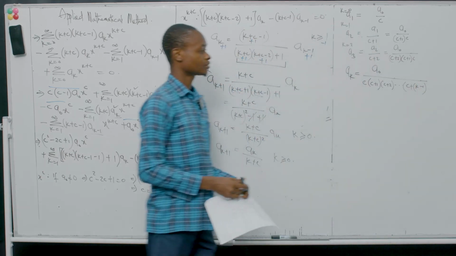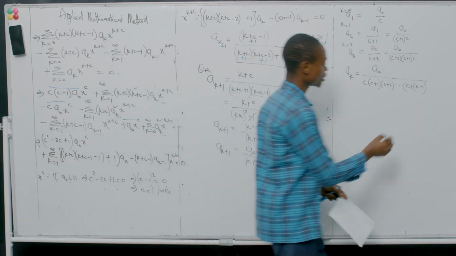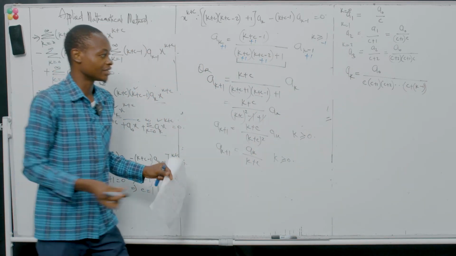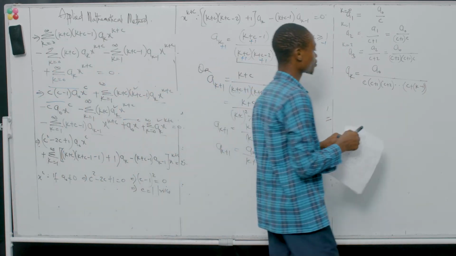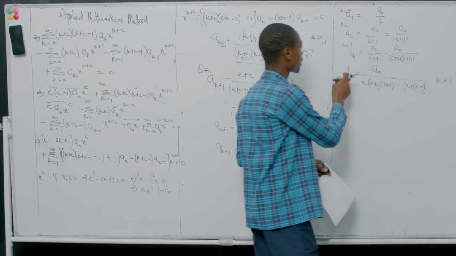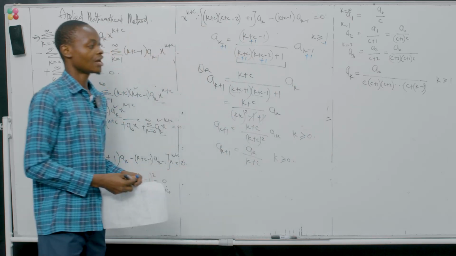Right? The bracket is not complete. And then you can check for all k if this is correct. Of course, I'm starting my k from 1 to reference it.